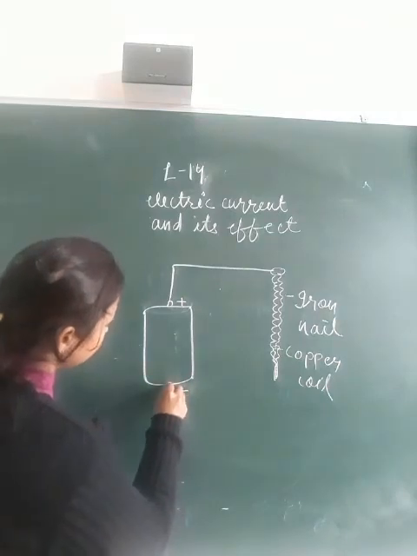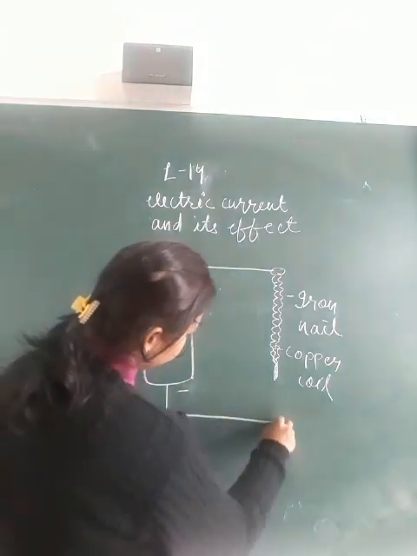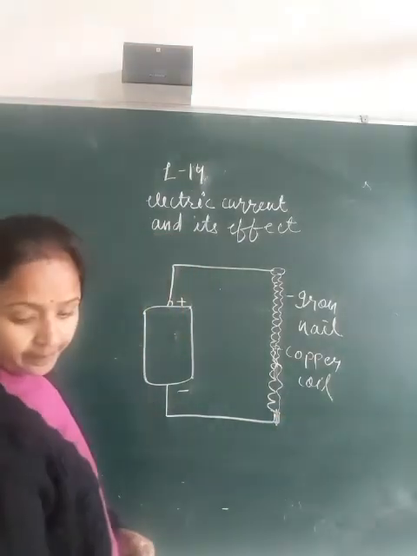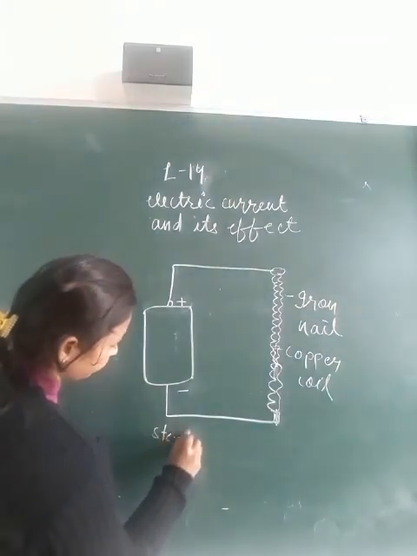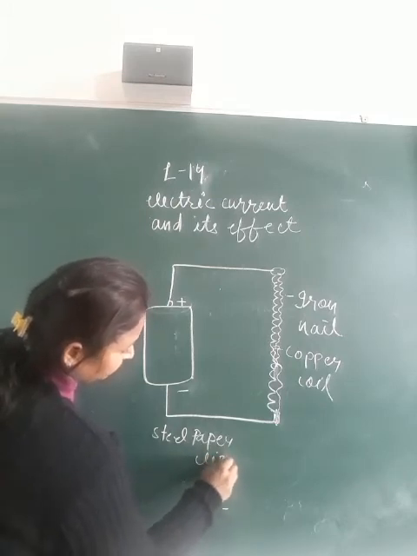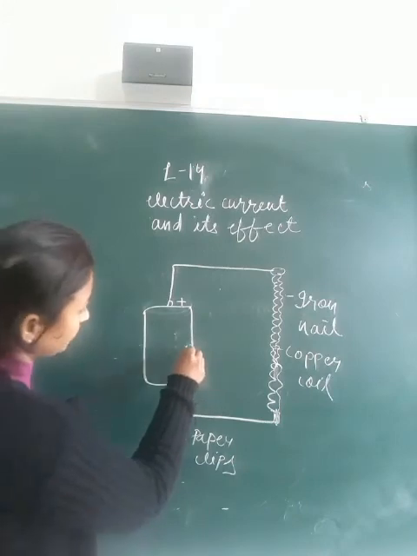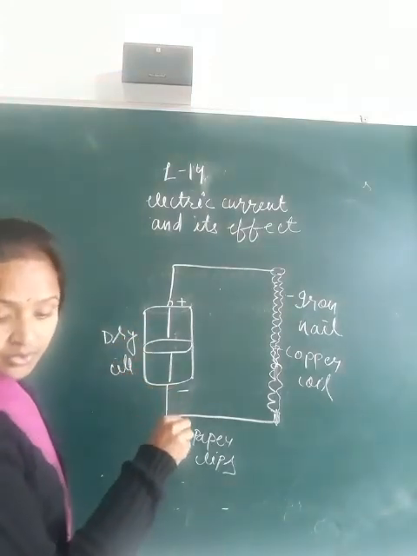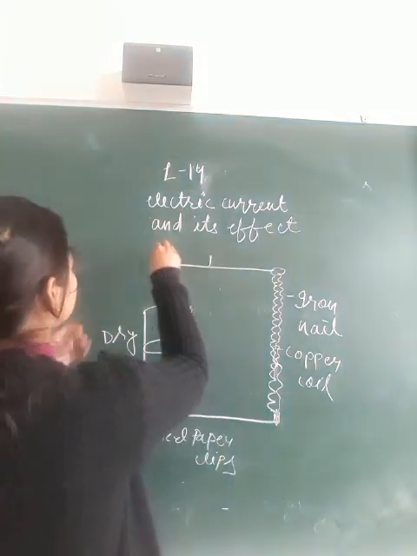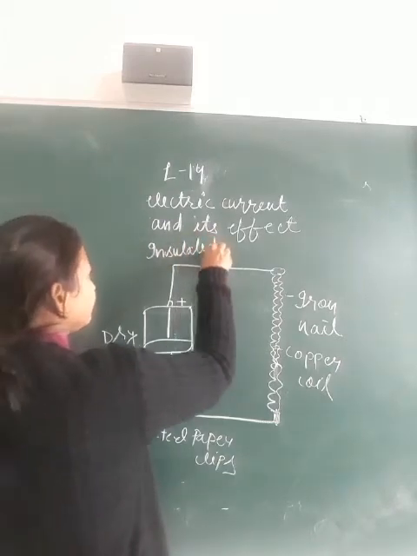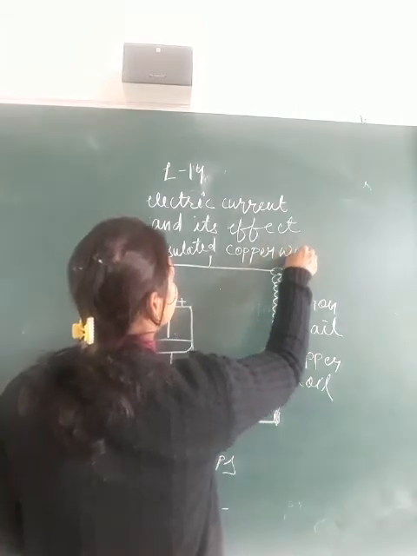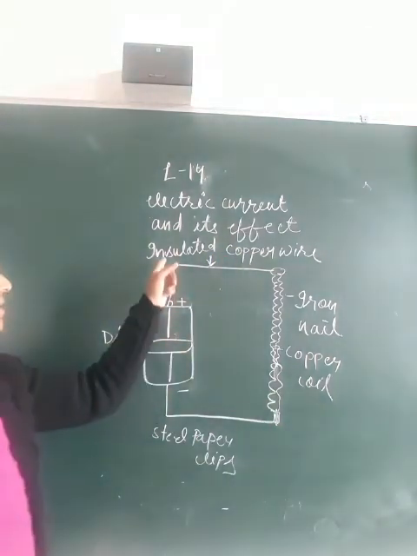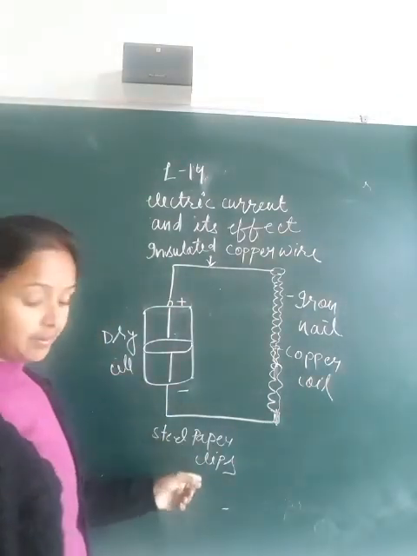This is the negative terminal, the steel paper clips, the dry cell, and the insulated copper wire.